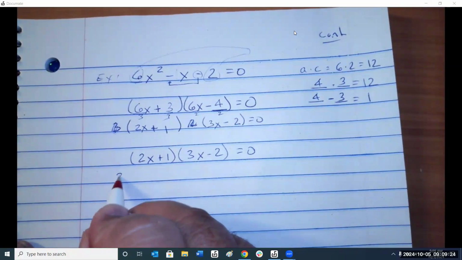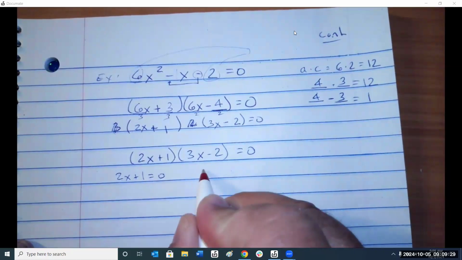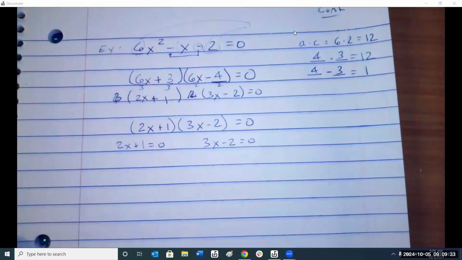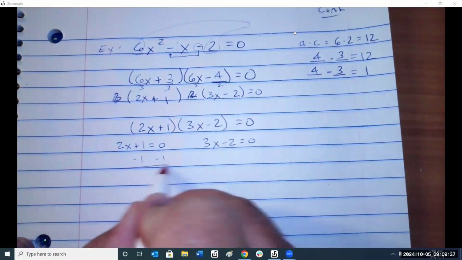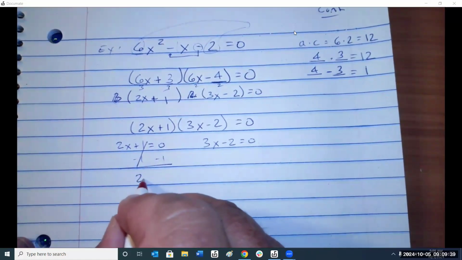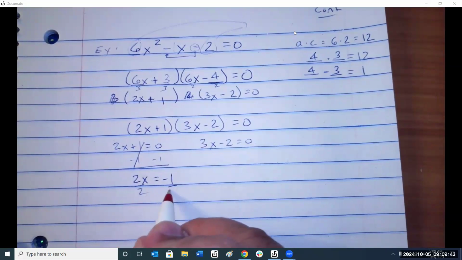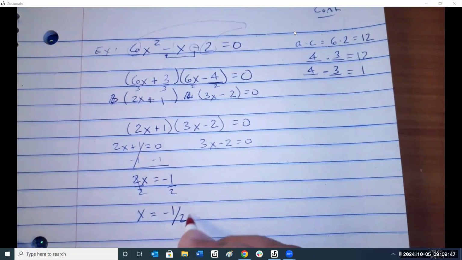Set them equal to 0. Subtract 1. So we have 2x equals -1. Divide by 2. So x equals -1/2.